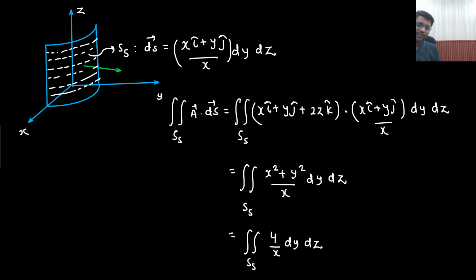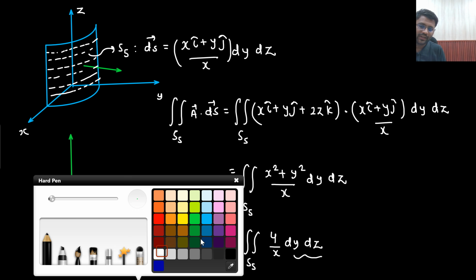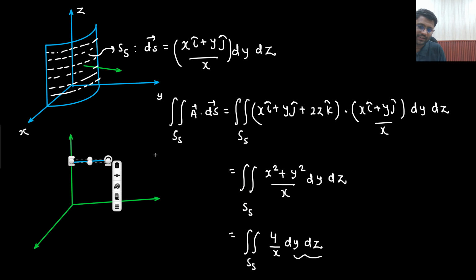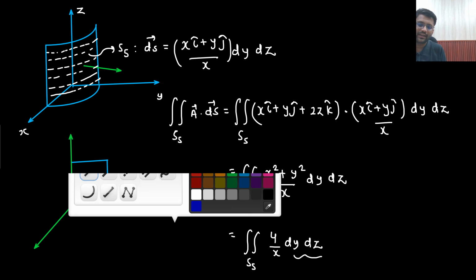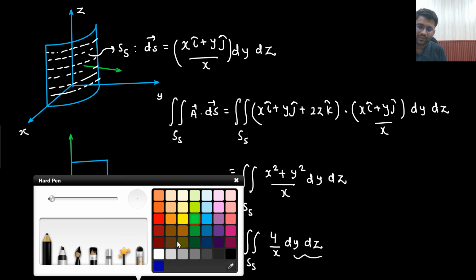I need to put the limit of y and z for dy dz, so I need to go to the yz plane. On the yz plane, the scenario would be that it will look like a rectangle. And if you need to put the limit, you would know what this coordinate is.